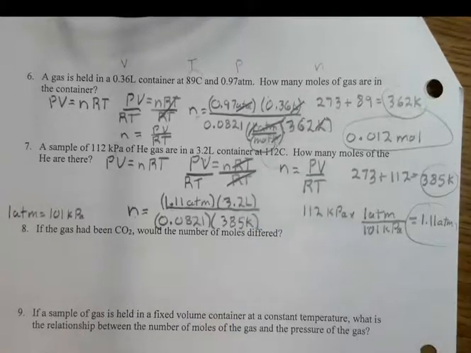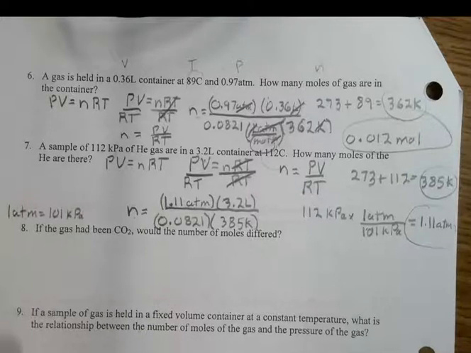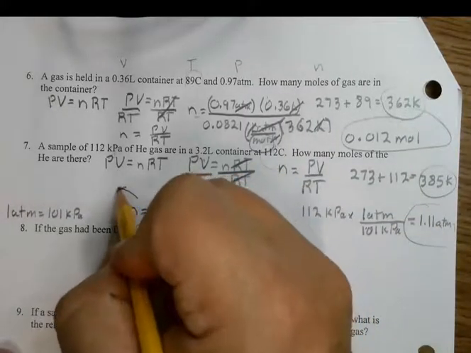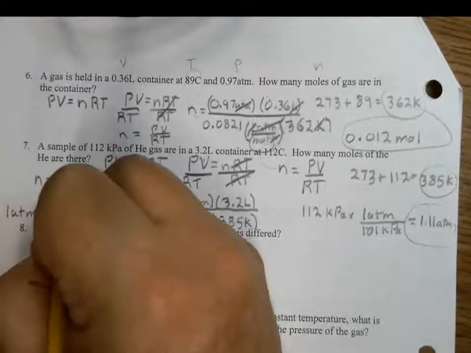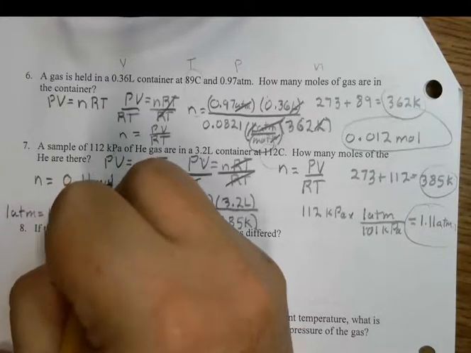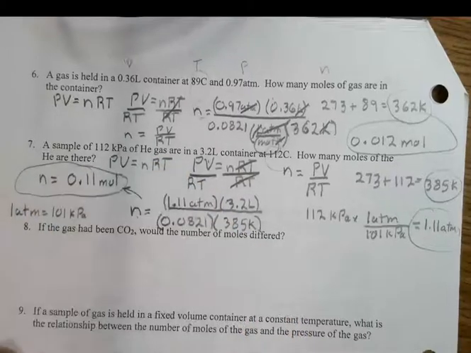Okay, so now you just do the math on that. And we get 0.11. So I'm going to write that up here. N equals 0.11 mole.